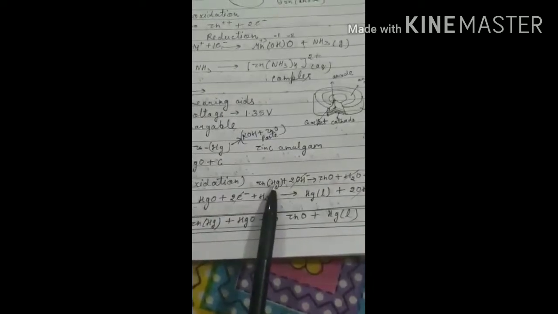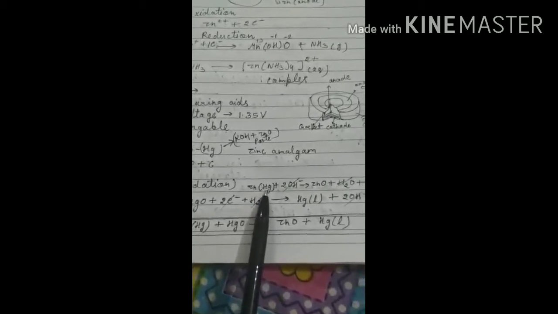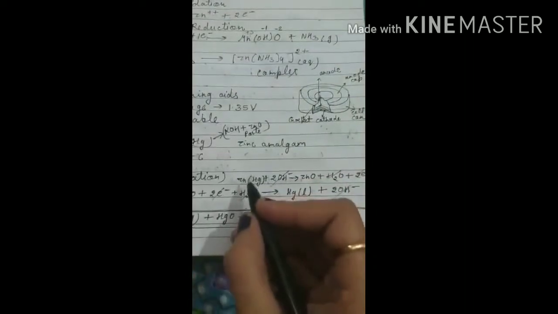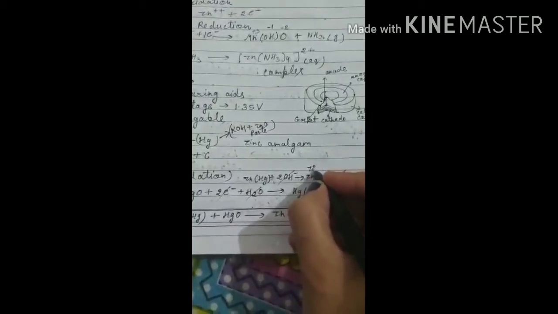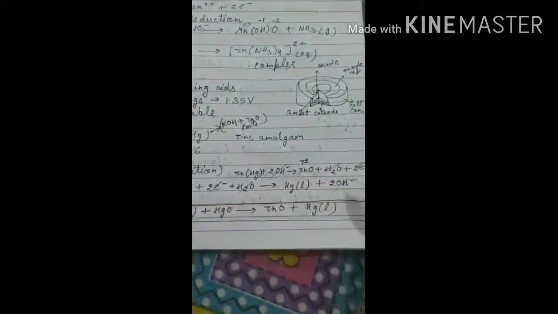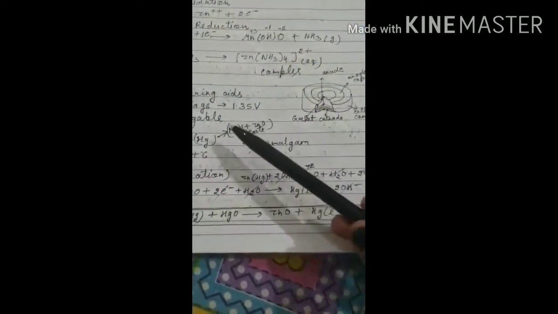Now we are coming to the main important point: how the chemical reactions are to be written for the cell and how these are to be learned. At the anode, we know that oxidation takes place. So I have written Zn and Hg. We cannot write mercury alone, so we have written it in the form ZnHg, and it converts into ZnO because it gets oxidized. Here its oxidation state is 0, and here it is oxidized to +2. After that, it takes OH ions from KOH.